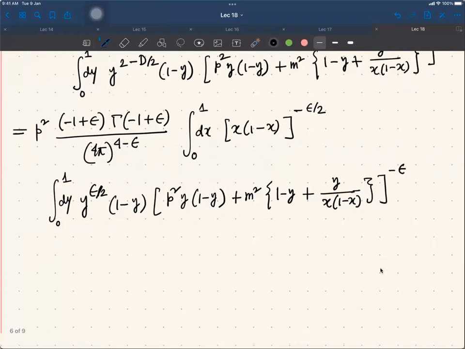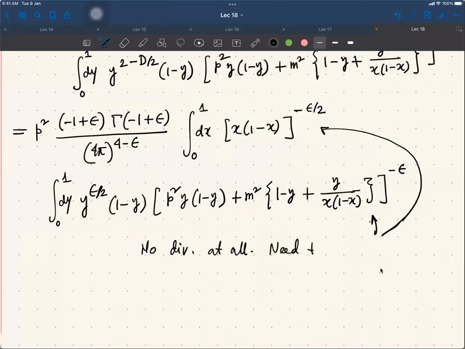So there is no divergence at all. We need to compute only the order 1 term. Therefore, set epsilon equal to 0.